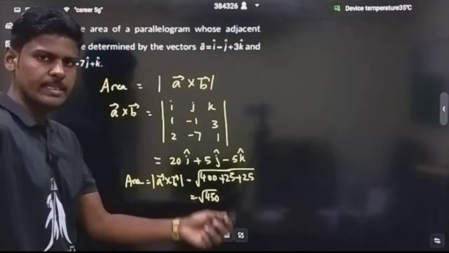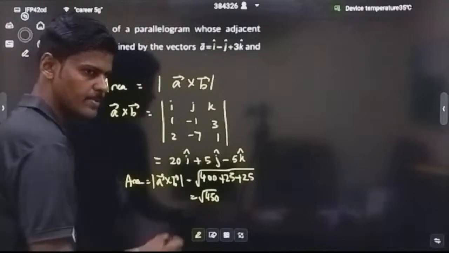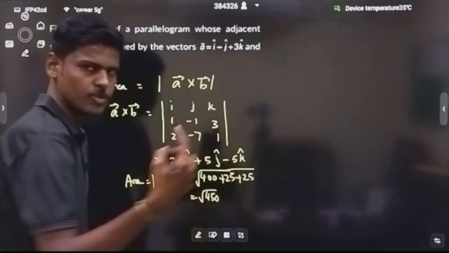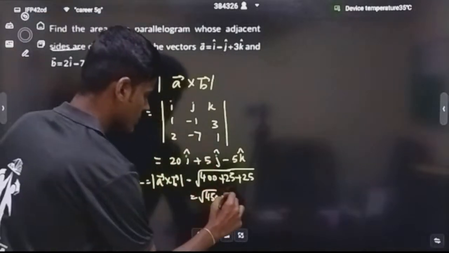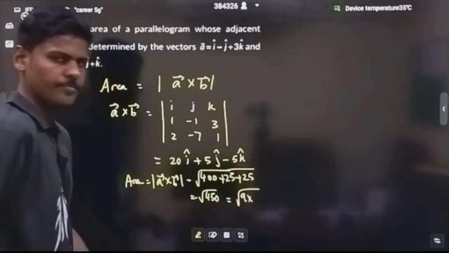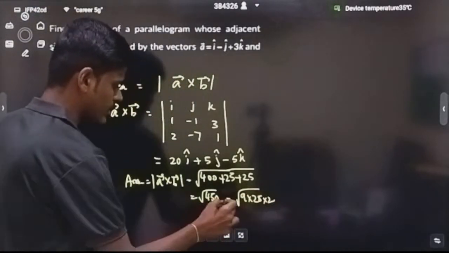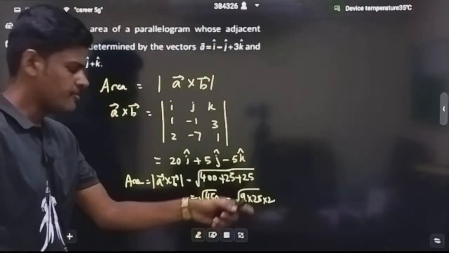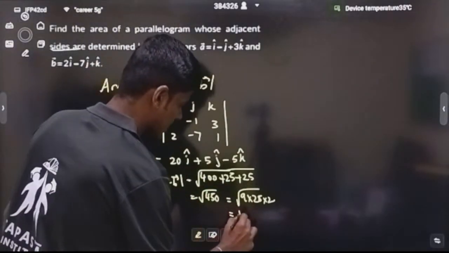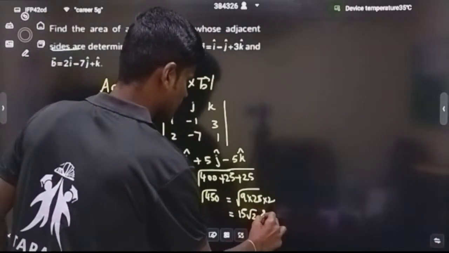And 450 is 9 into 50, so square root of 9 into 50. 50 can be written as 25 into 2. So the required answer is square root of 9, that is 3, into square root of 25, which is 5. So we get 3 into 5, that is 15 root 2 square units.